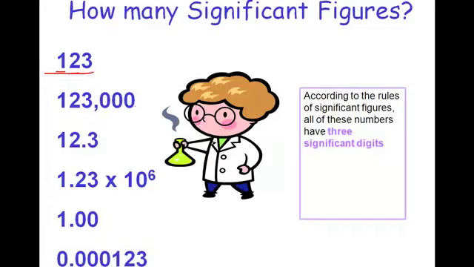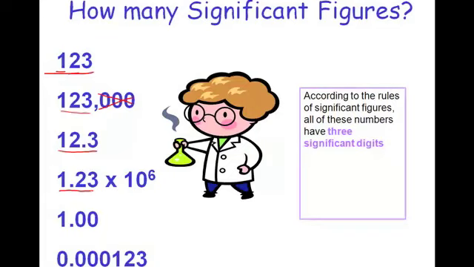Since this does not have a decimal point, these zeros do not count, so therefore it only has 3. Again, same thing as the first one. It doesn't have any zeros. And also this one, again, because it only has non-zero digits and doesn't include any zeros.